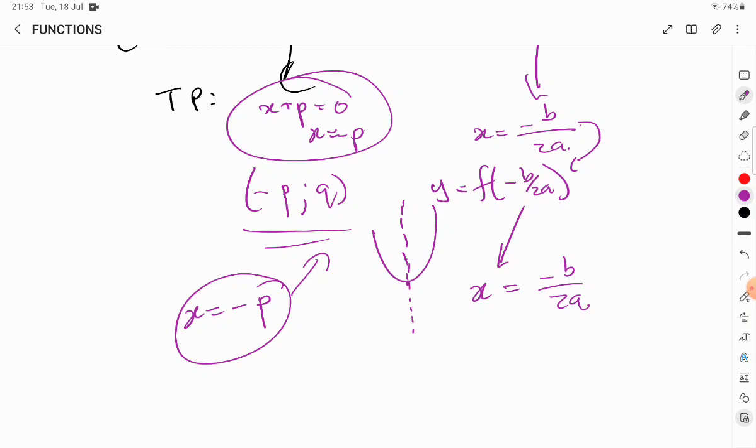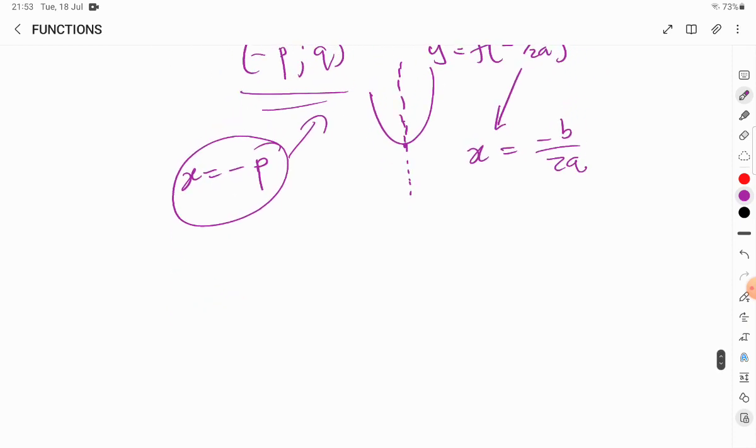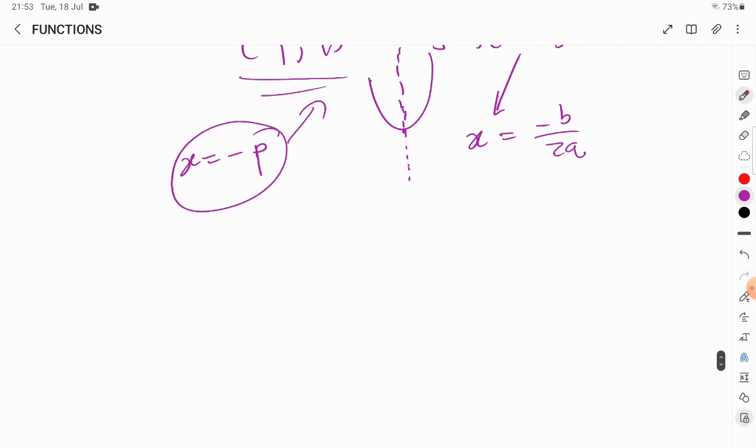Now, just general things that you'll be expected to do in this part is being able to solve for x, especially when you're looking for x-intercepts. So it's in the form of ax² + bx + c = 0.